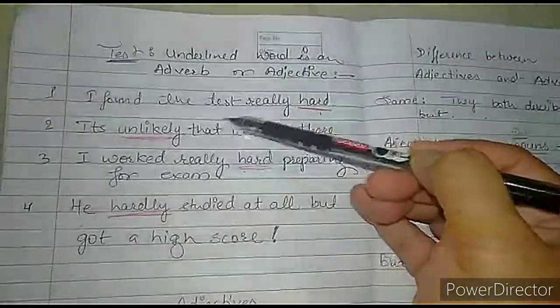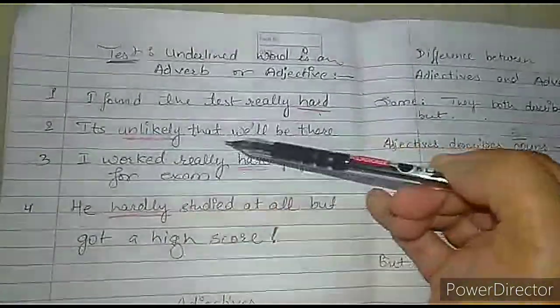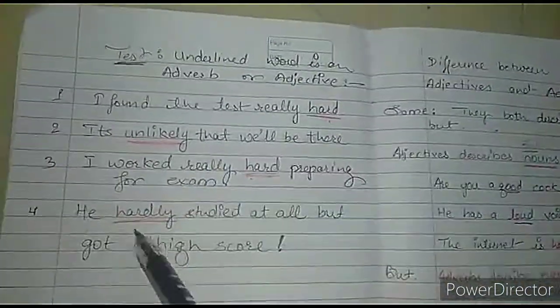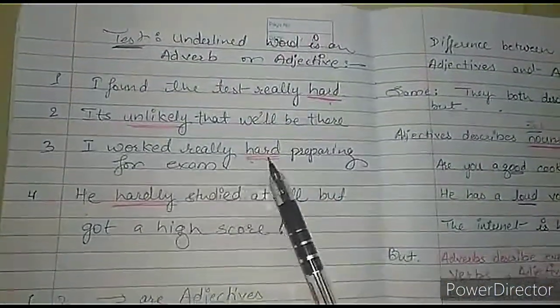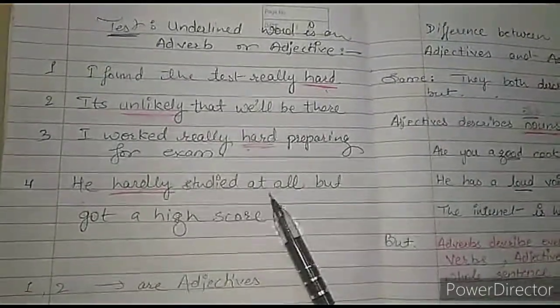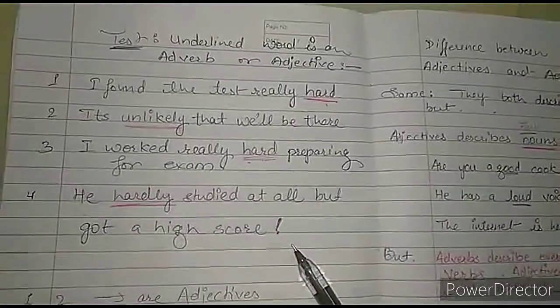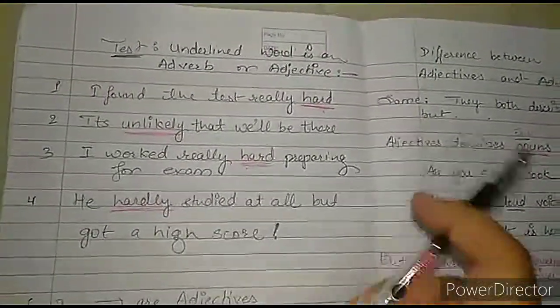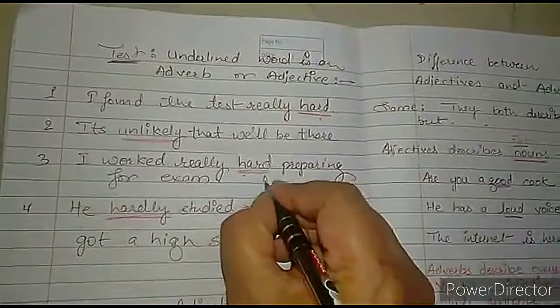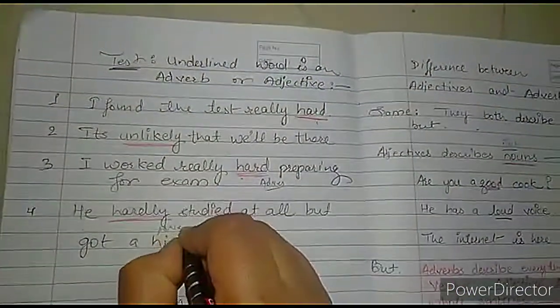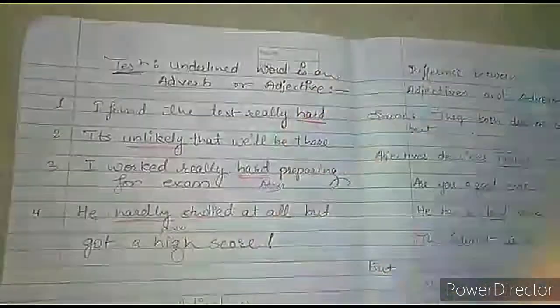Because they describe the test, the subject. Next we have: I worked really hard preparing for the exam. He hardly studied at all but got a high score. Now in the third and fourth sentence they both are adverbs, and these first two are adjectives.